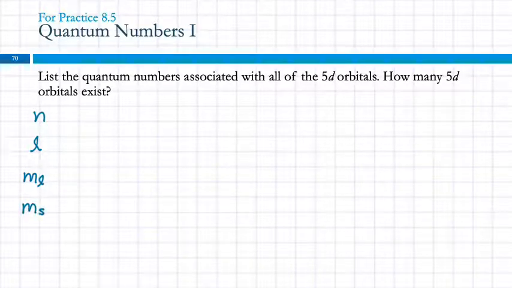Those are the 4 quantum numbers. The principal quantum number is the main principal energy level in the hotel. It's the floor that room is on. Well, the 5D room, what floor is that on? The 5th floor. So that tells me that n equals 5.